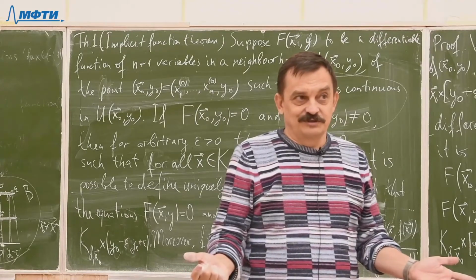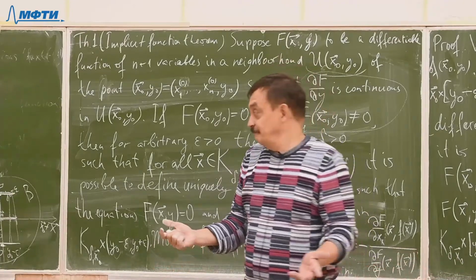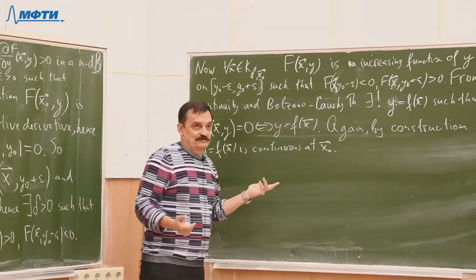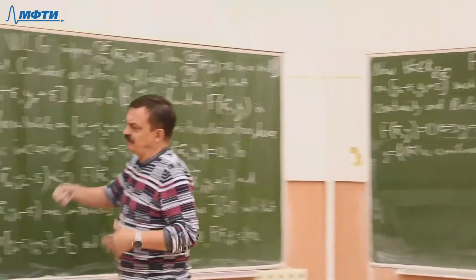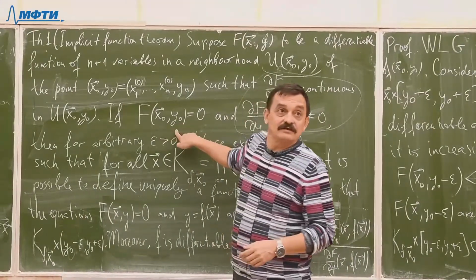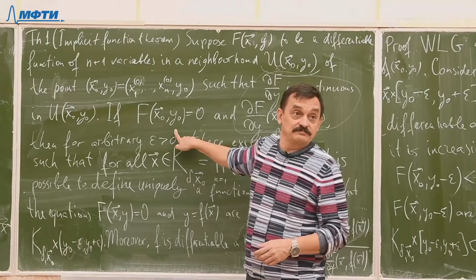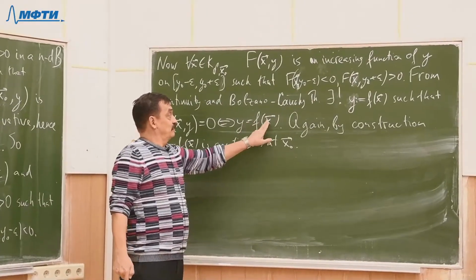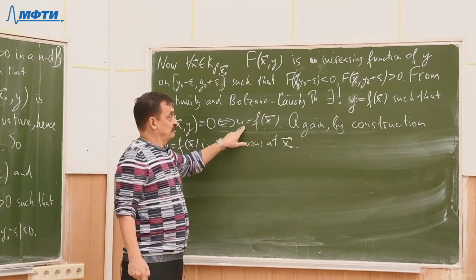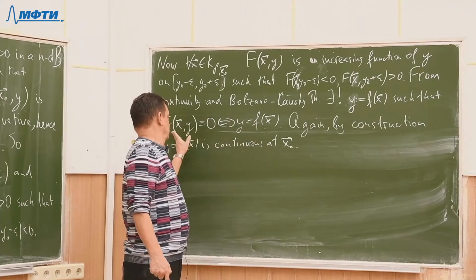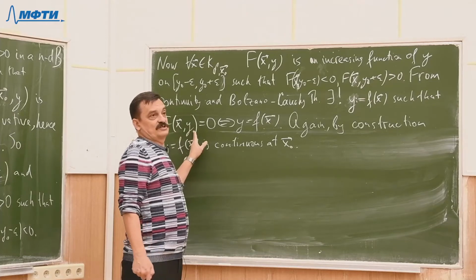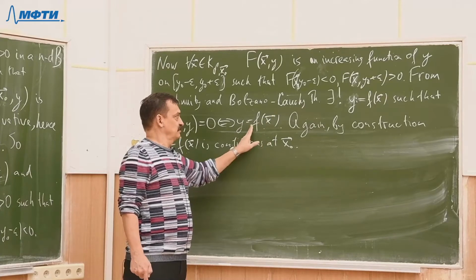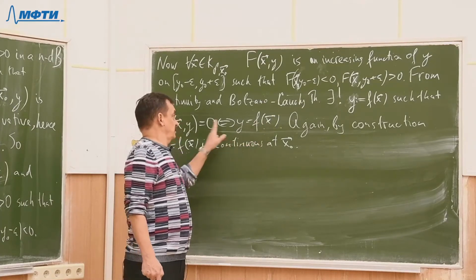So we can consider not only the point x naught, y naught, but an arbitrary point such that f is 0 at that point. x is arbitrary here, y is obtained, so for an arbitrary point which satisfies this equation, we can find that function, and it is continuous also at that point.